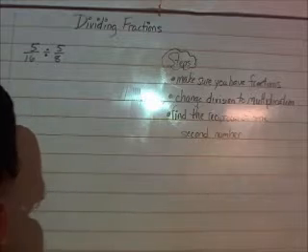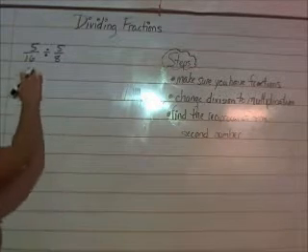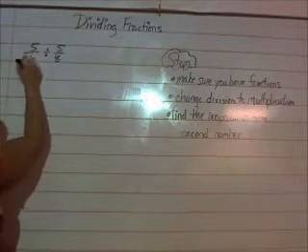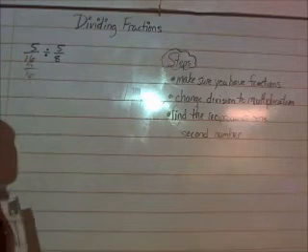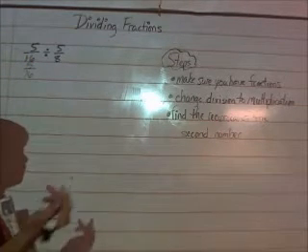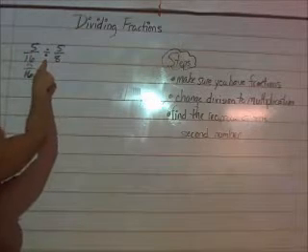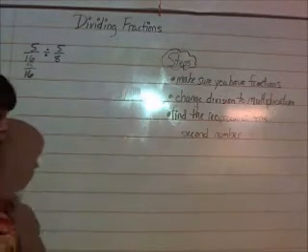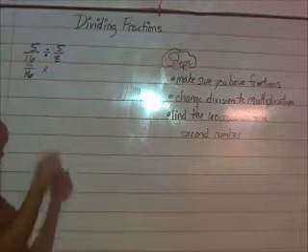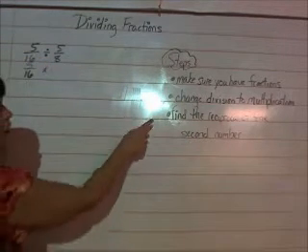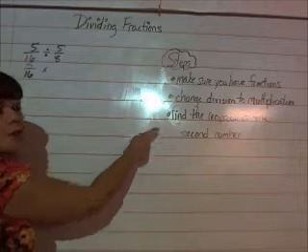So the first number, your first fraction, stays the same. Never mess with the first one. Then you're going to change your division sign to multiplication. Then you find the reciprocal of the second number.